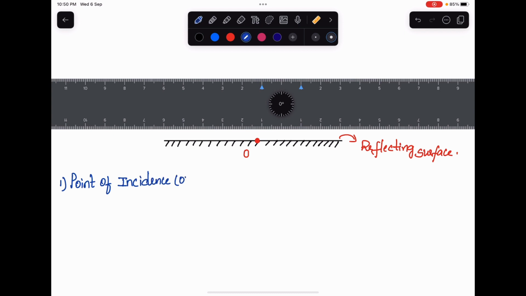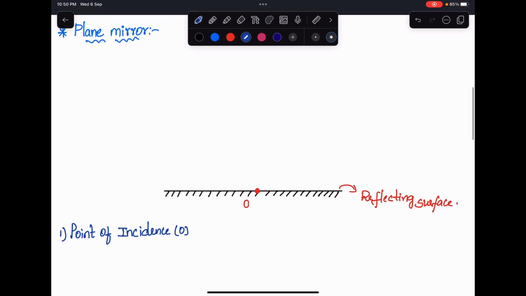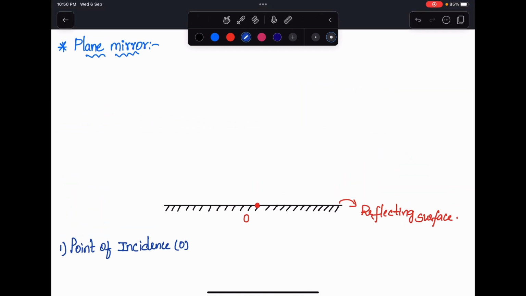The point of incidence is the point on the plane mirror. This is your entire plane mirror right now.